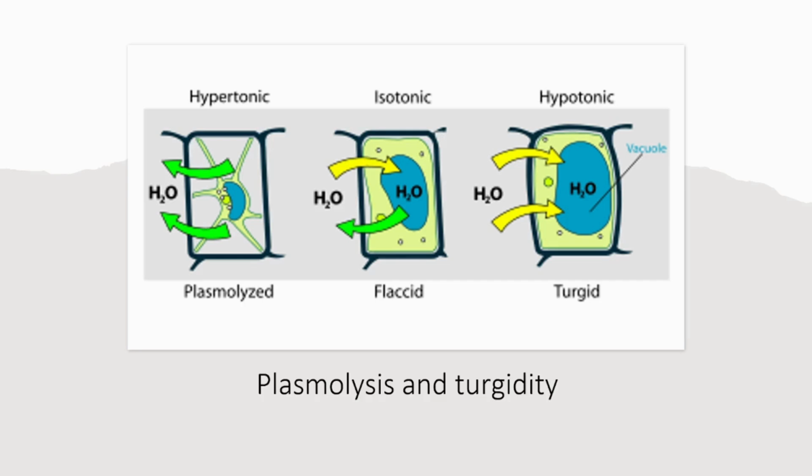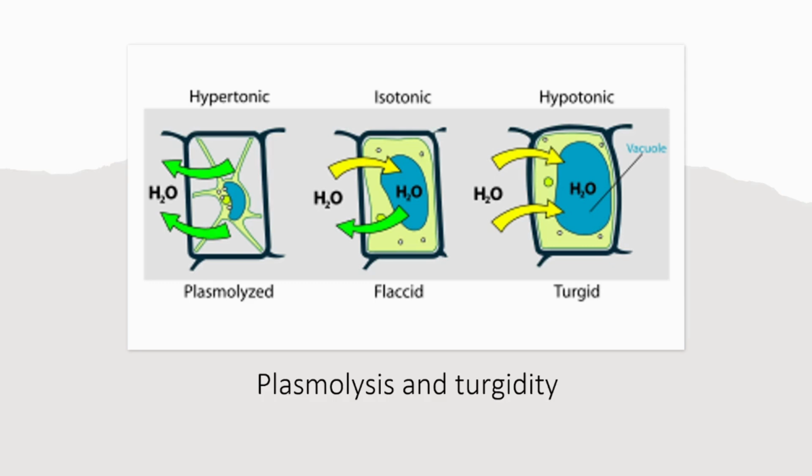But the moment you start putting that cell inside another solution, what happens to the plant cell is what we will look at. If we place a normal cell inside a hypertonic solution, for that we should remember what a concentrated solution is. A hypertonic solution is equivalent to a concentrated solution.